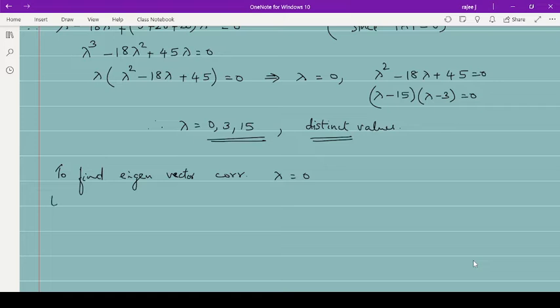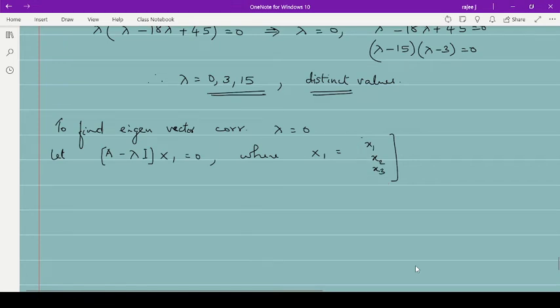Let A minus lambda I into x1 equal to 0, where x1 is the vector corresponding to lambda equal to 0. So that is x1, x2, x3.